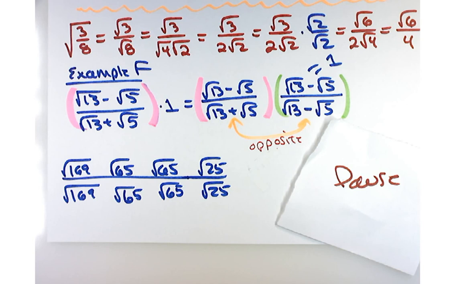Positive times negative is negative. So that would be a negative. Positive times negative. Good.